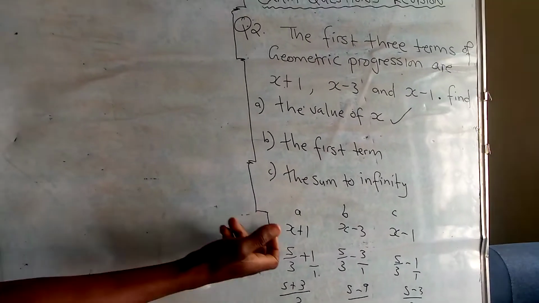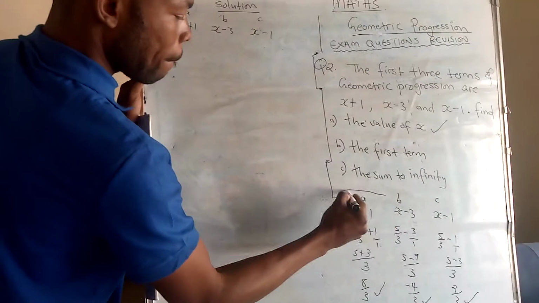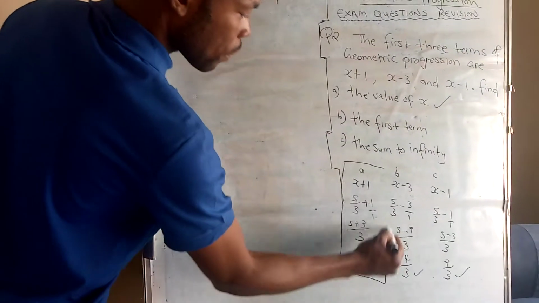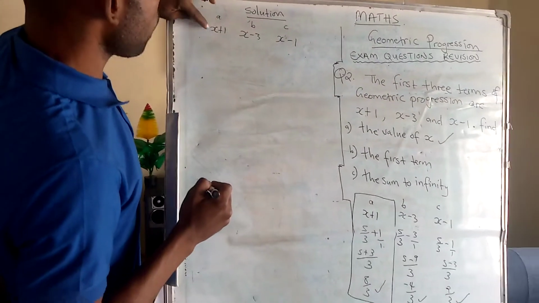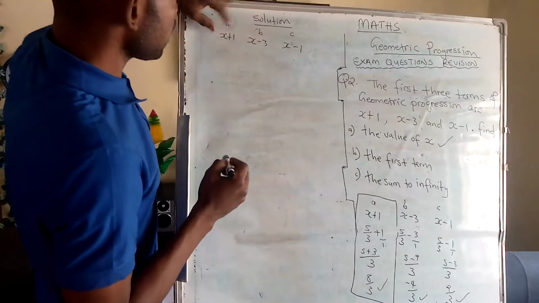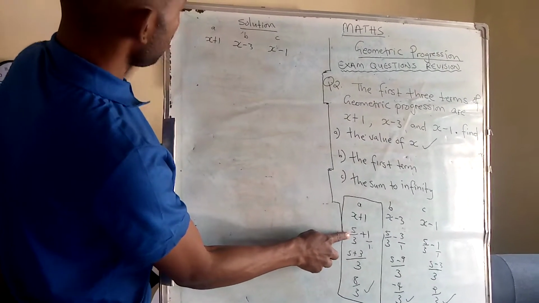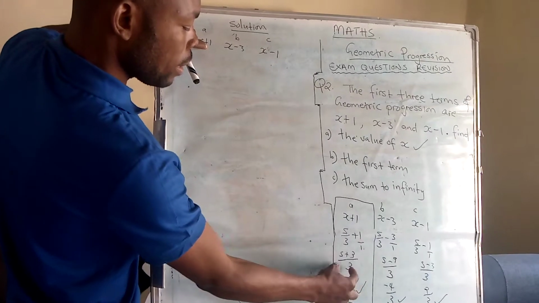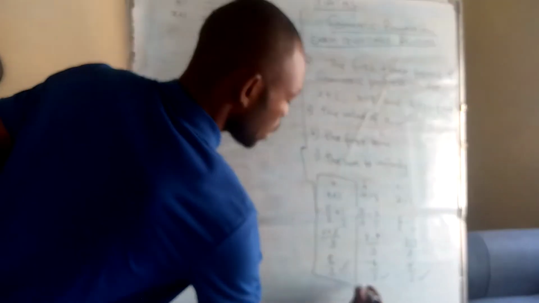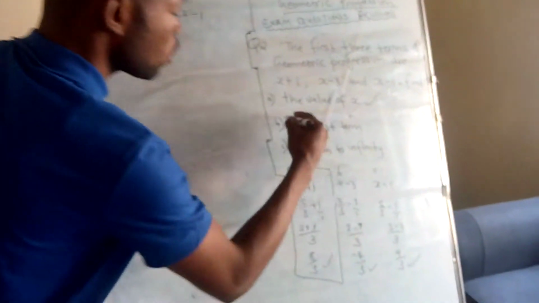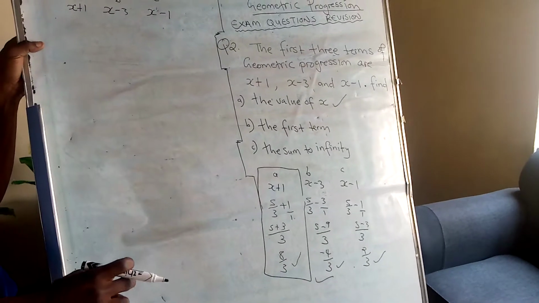Oh, the first term is already solved. Where we said x is this, plus 1 is this. Then common denominator, divide, and this is our first term. So our second question is done here. It's just a matter of copying it in your answer sheet, okay?